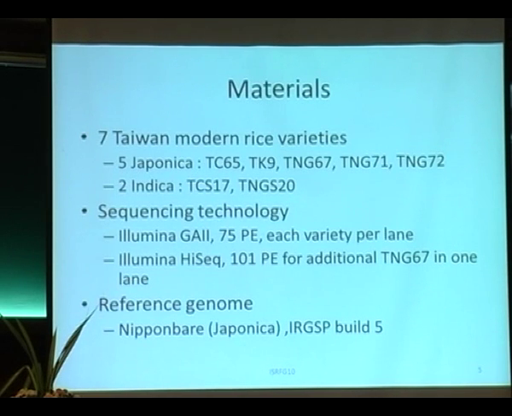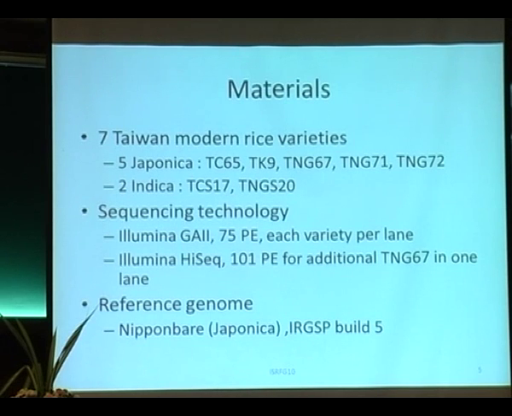As I just said, we discussed with our breeders, and based on the pedigree, we chose 7 Taiwan modern varieties, 5 japonica and 2 indica. We used the sequencing technology, 75 paired-end at the beginning for the 7 varieties.